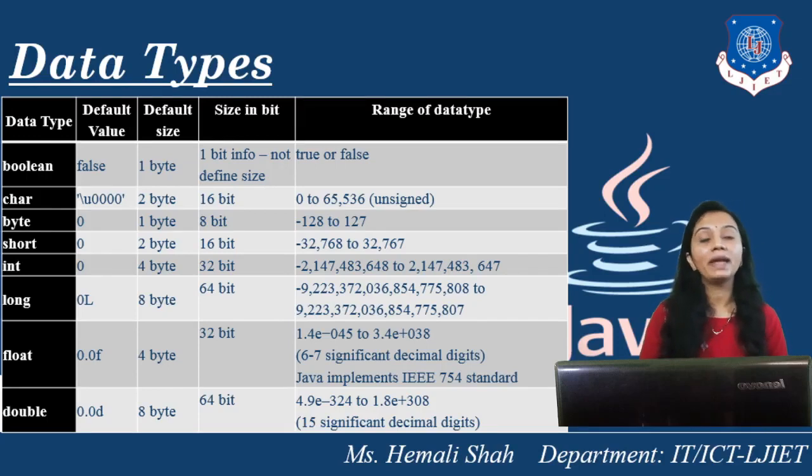Char actually occupies 16 bits. That means 2 bytes are occupied, and you can store 65,536 unsigned values in this char. Byte occupies 1 byte, short occupies 2 bytes, int occupies 4 bytes, long occupies 8 bytes.